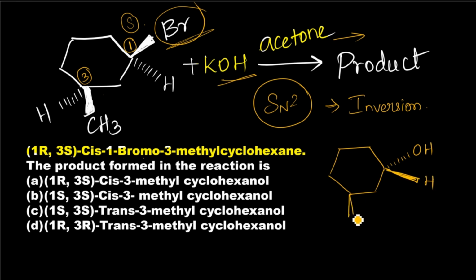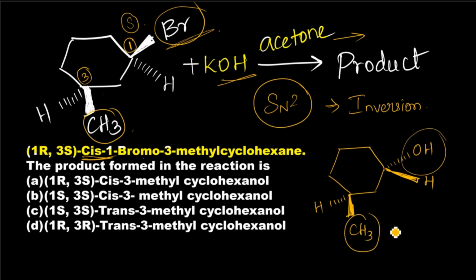Here I am having CH3 above the plane and H below the plane. Here both are on the same side, so cis. But in the product I am having them on the opposite side, which makes it trans. So answer to this question is option C.